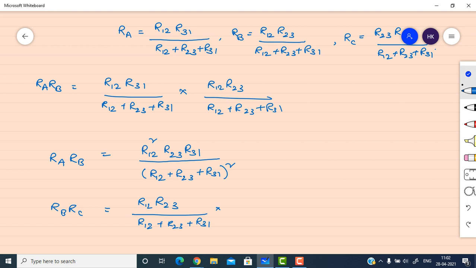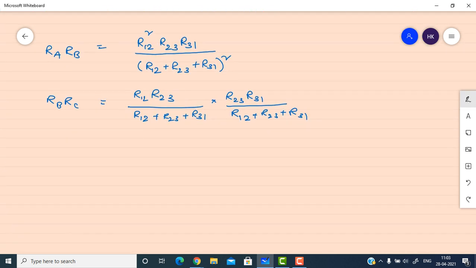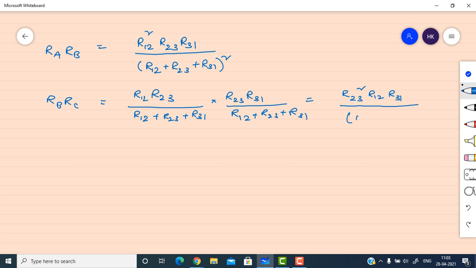RC is R23 into R31 by R12 plus R23 plus R31. So for this we will get R23 square R12 R31. In this R23 is there, and in this also R23 is there, so if you multiply you will get R23 square R12 R31 by the denominator again, the same thing, R12 plus R23 plus R31 whole square.